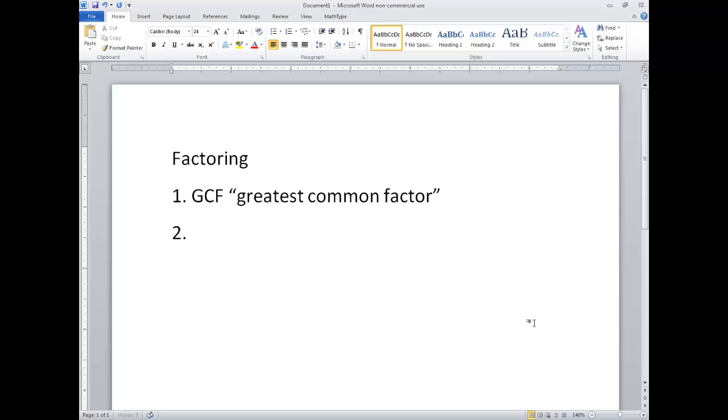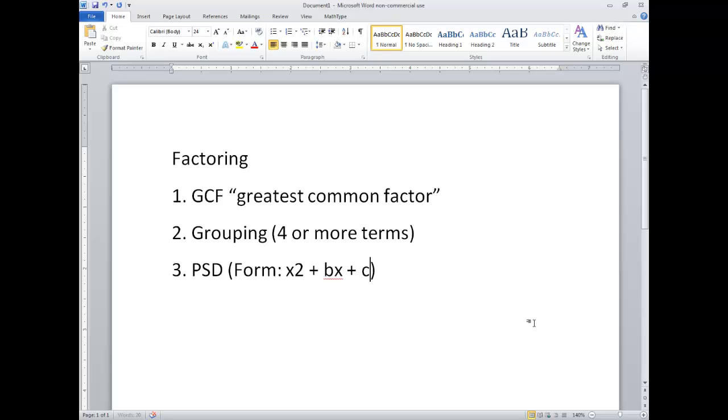Our second method is grouping, and this is when you have 4 or more terms. Our third method is PSD, and this is when it's of the form x squared plus bx plus c.